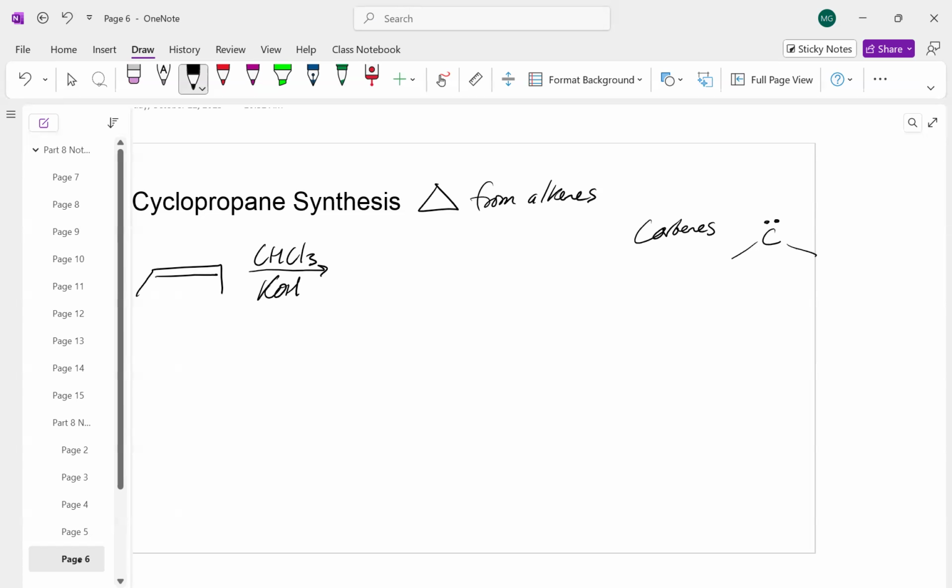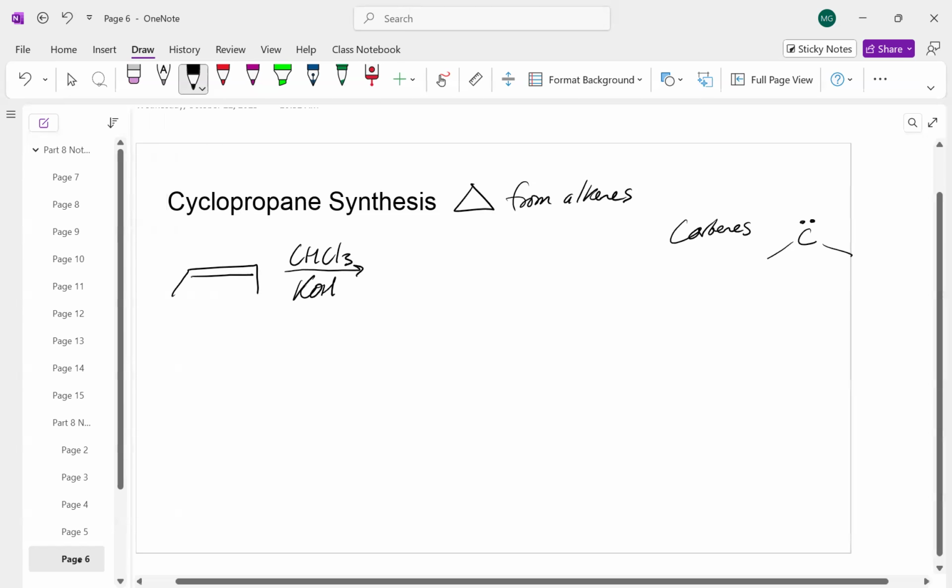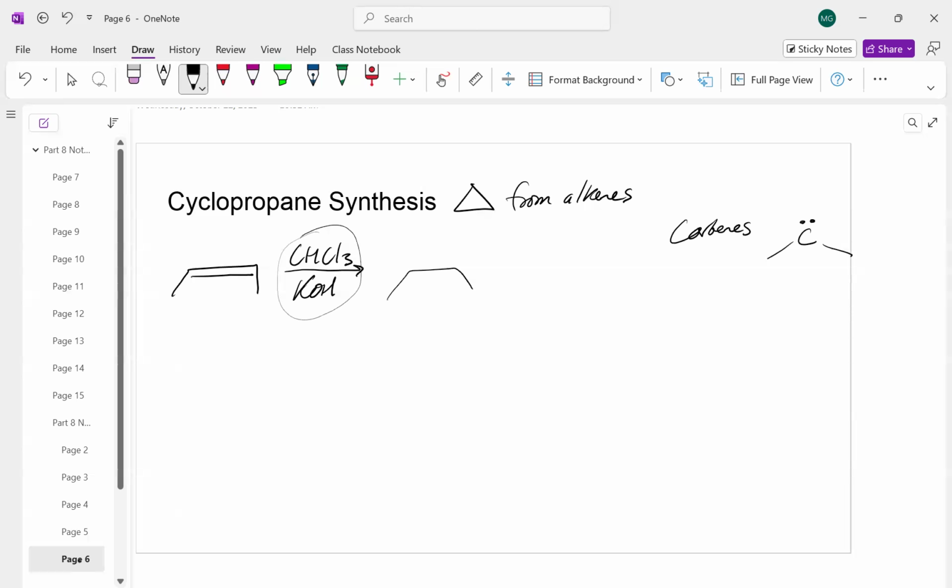It's a neutral chemical species. One of the ways that carbenes are made is to react chloroform with potassium hydroxide. And that's going to add that carbon, I'll highlight it here. This carbon of chloroform is this one here. And then it'll have a couple chlorines on it.